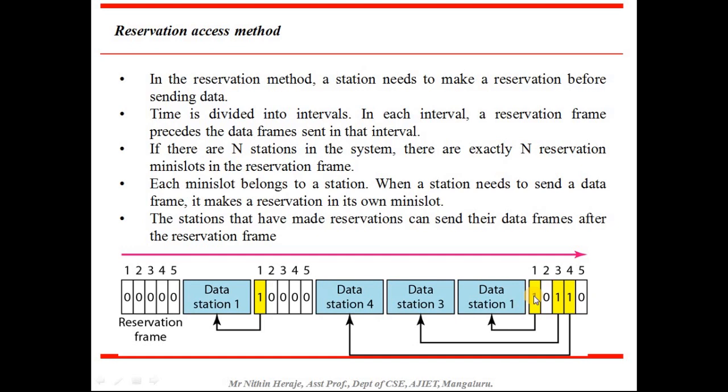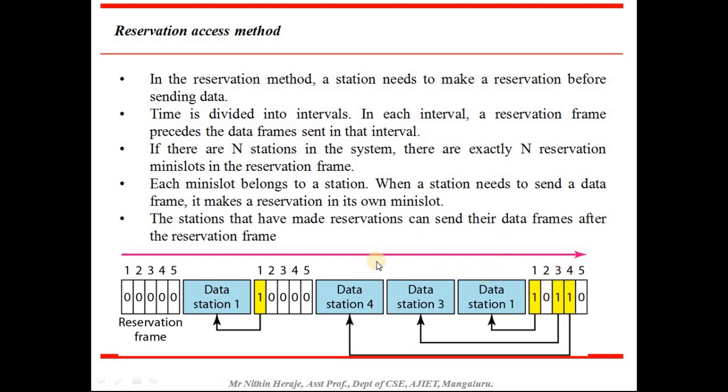In case any station wants to send data, that particular slot is made 1. So the bit for station 1 is made 1, the bit in slot number 3 for station 3 is made 1, and the bit for slot number 4 for station 4 is made 1, which means that these three stations, 1, 3 and 4, want to send data. So this is the reservation frame.